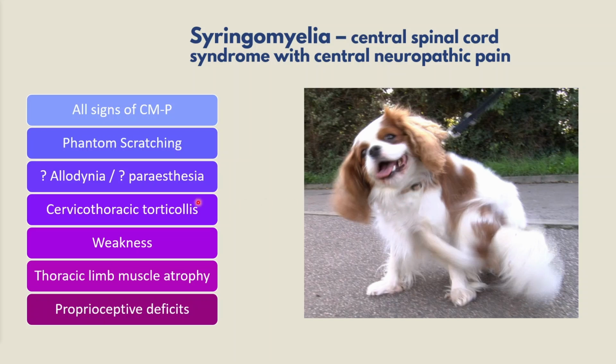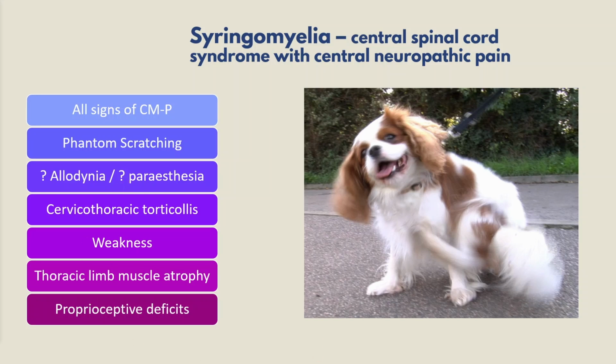They can have allodynia or paresthesia. I put the question mark in there because these are very subjective signs, which are described as having increased sensitivity to touch, which of course a dog can't describe, but you may get that impression because the dog may show some increased sensitivity.